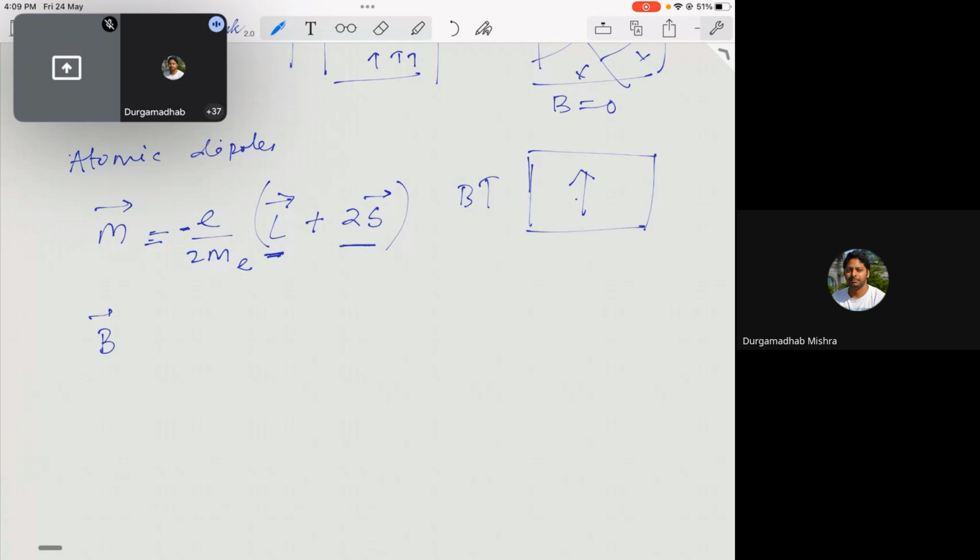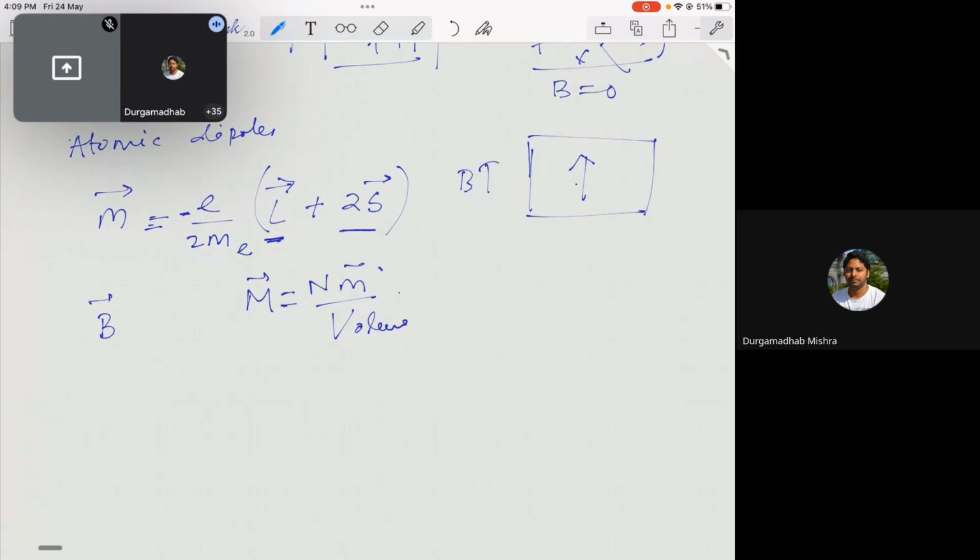So you can define a quantity M, which is your total dipole moment: if there are n dipoles, this is n times m divided by the volume. This is your magnetization, which you can normally measure in experiment, and there is a relation between B and M.